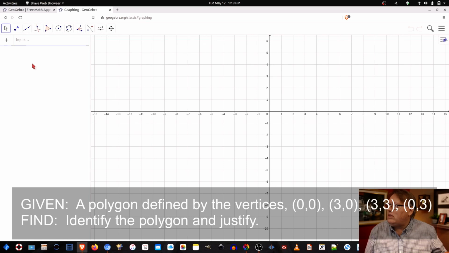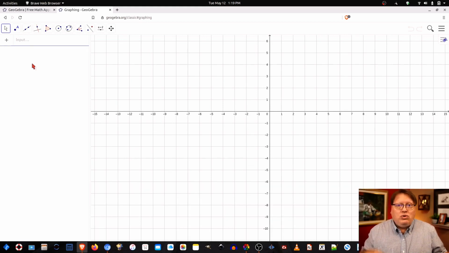And those points are given by a polygon defined by the vertices 0, 0, 3, 0, 3, 3, and 0, 3. So what we want to do is take each of those points and graph those.